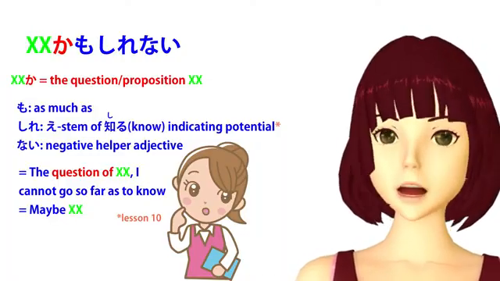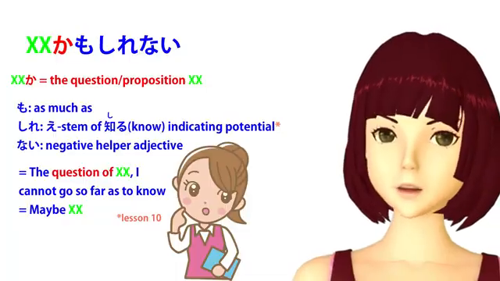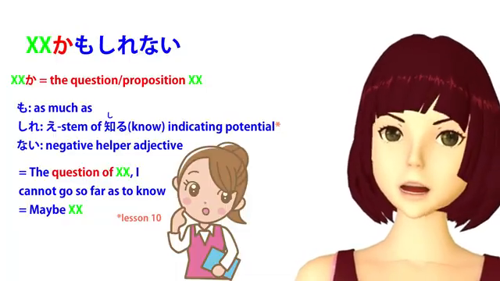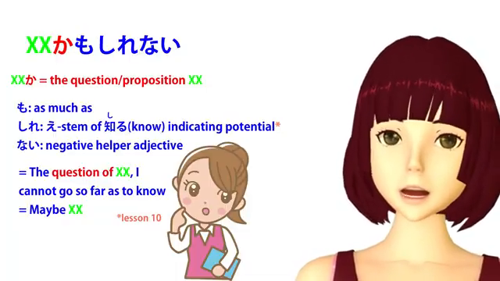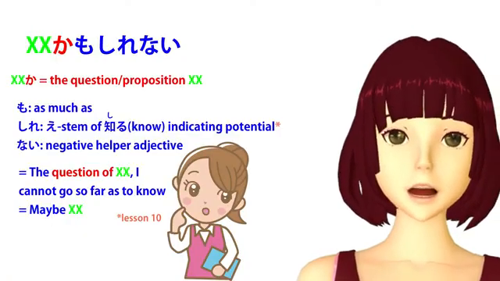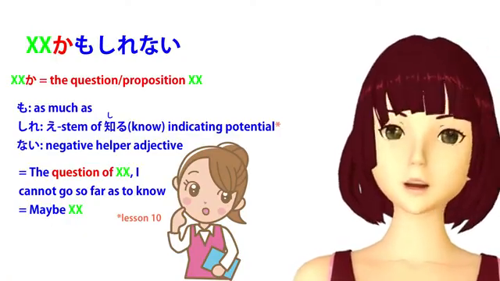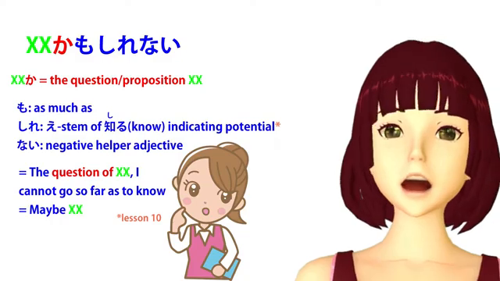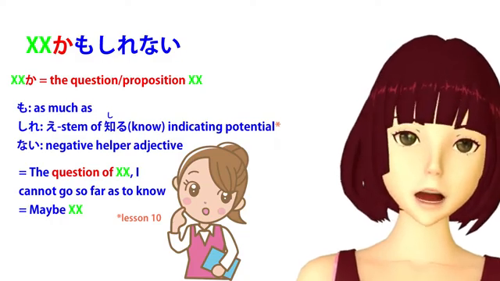So if we say Sakura ga kuru kamoshirenai, perhaps Sakura will come, what we're saying is Sakura ga kuru ka, that's the question or proposition that we're talking about, and then mo shirenai.